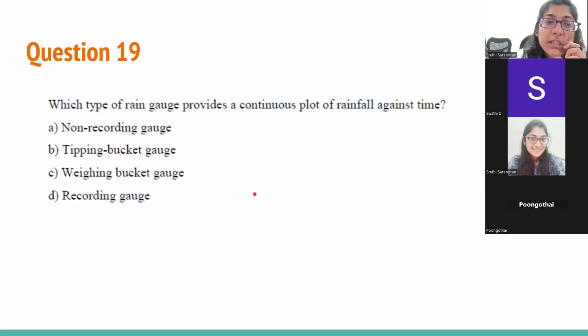Okay. Now, which type of rain gauge is providing a continuous plot of rainfall against time? Is it a non-recording gauge, tipping bucket, weighing bucket, or recording gauge?